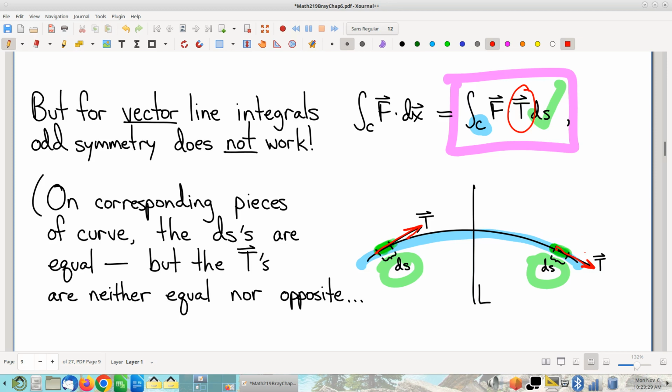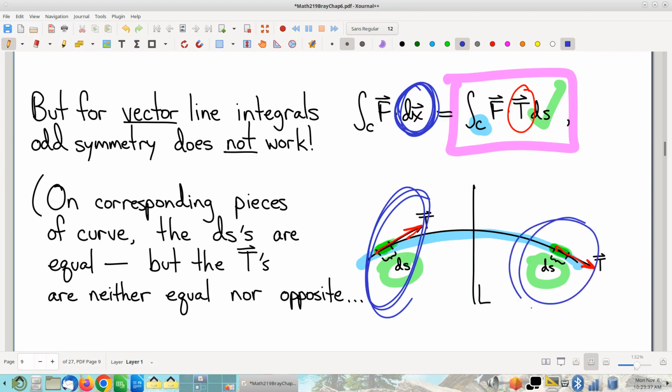So this dx vector altogether, this product is just not the same on both sides. And so oddness of the vector field just doesn't cut it. And here's what's worse. This T, not only are they not the same on opposing pieces, they're also not negatives of each other. So it's just a mess.